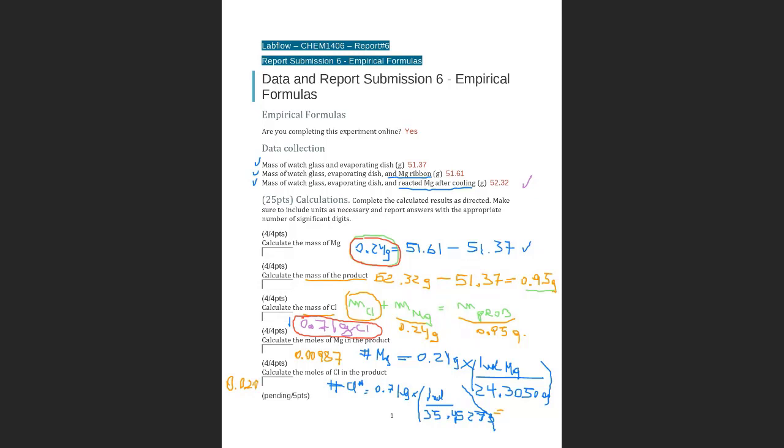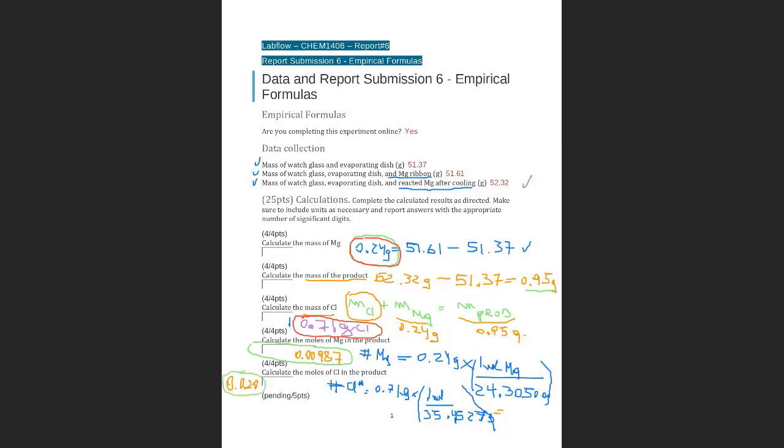So now I'm very close to the empirical formula, because all I have to do is look at which number is smaller. I have this number, 0.00987, the number of moles of magnesium, and the number of moles of chloride.